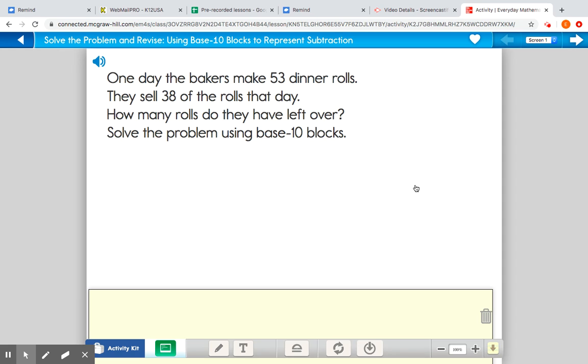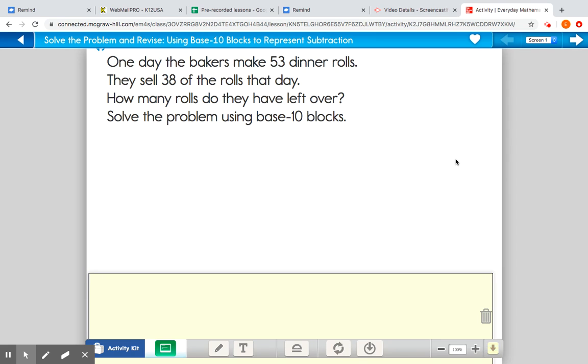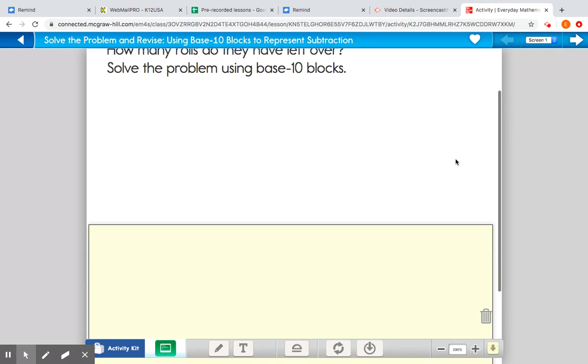The problem says, one day the bakers make 53 dinner rolls. They sell 38 of the rolls that day. How many rolls do they have left over? Solve the problem using base 10 blocks. I'm going to come down here again like I did. So our problem is 53 minus 38.